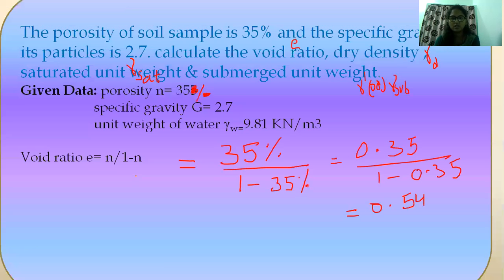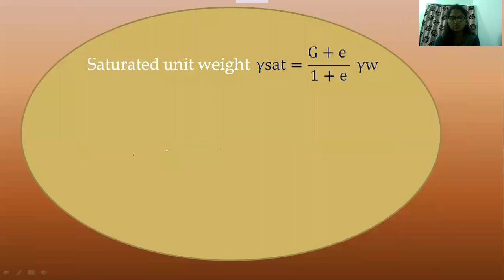Now we can solve the saturated unit weight. Gamma sat is equal to G plus e by 1 plus e, into gamma w. What is the value of G?